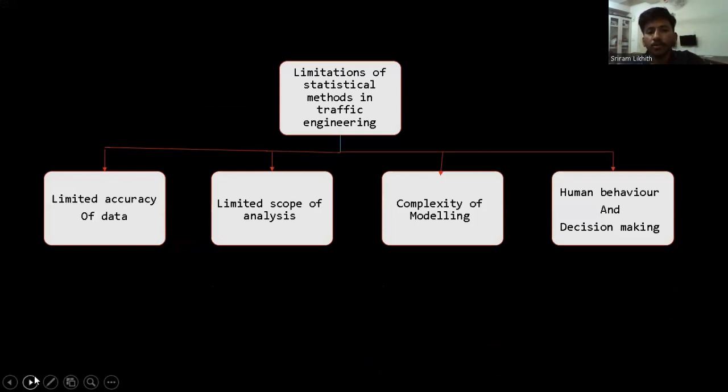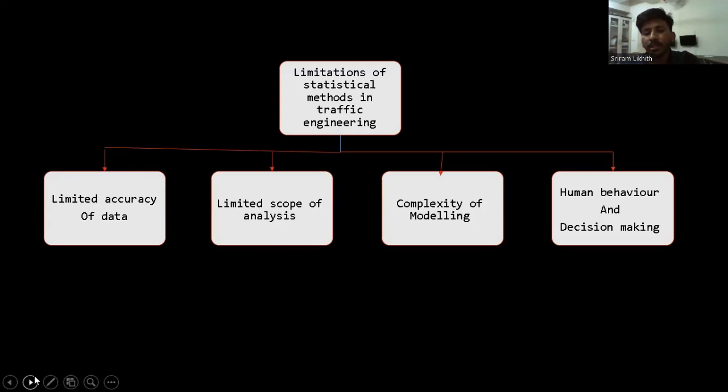If we go through the limitations of statistical methods in traffic engineering, there are four aspects. Limited accuracy of data, that is, as we discussed, human error, and limited scope of analysis, complexity of modeling, human behavior, and decision making.